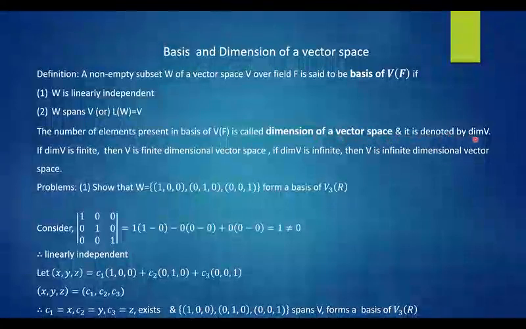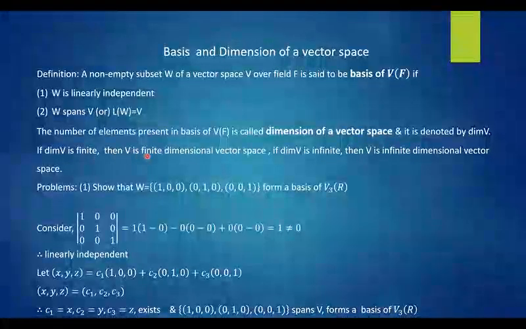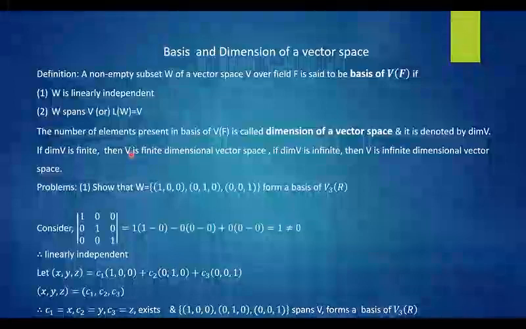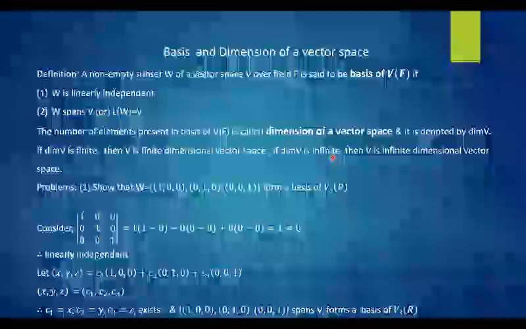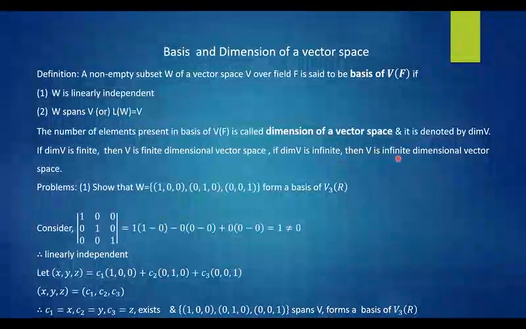The number of elements present in a basis of V over F. It is denoted by dim V. If dimension of V is finite, then V is said to be a finite dimensional vector space. Likewise, if dimension of V is infinite, then V is said to be an infinite dimensional vector space.